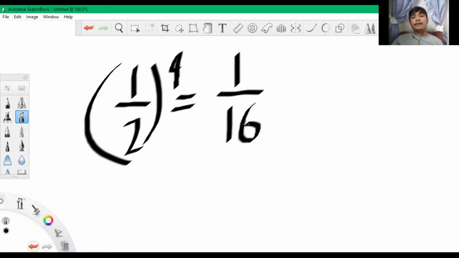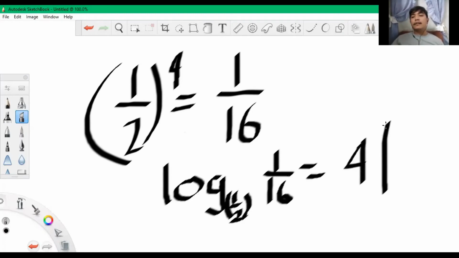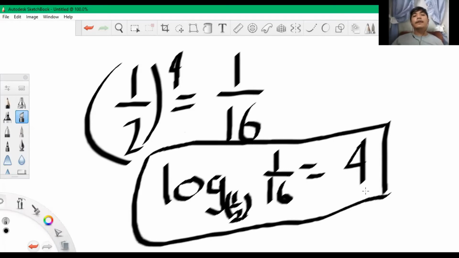So when we convert this into a logarithmic form, again, write the logarithm symbol, which is log, then write the answer, and in this example we have 1/16 and its base is 1/2, so write 1/2, and its exponent is equal to 4. Now we have this, the logarithm of 1/16 to the base 1/2 is equal to 4.